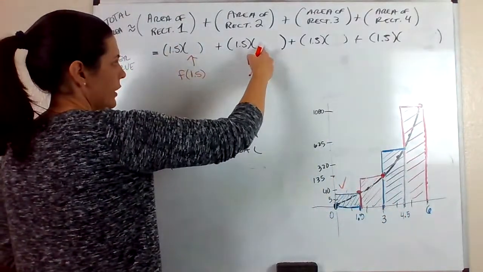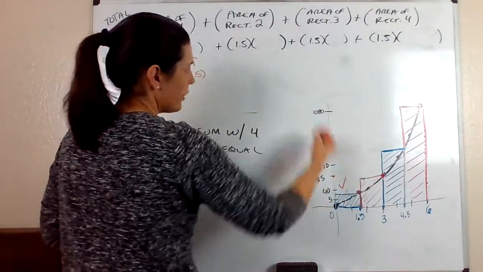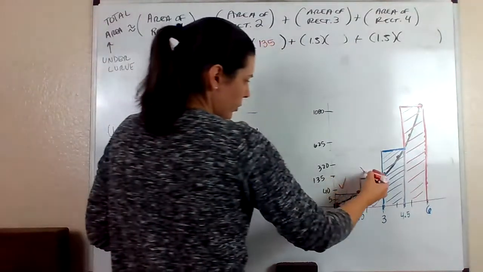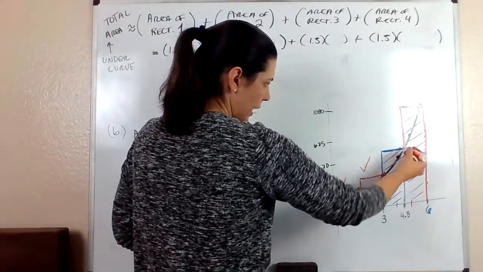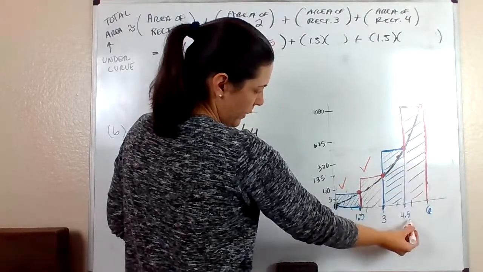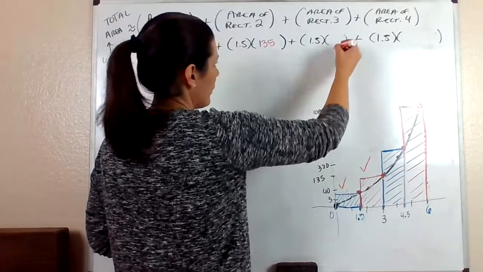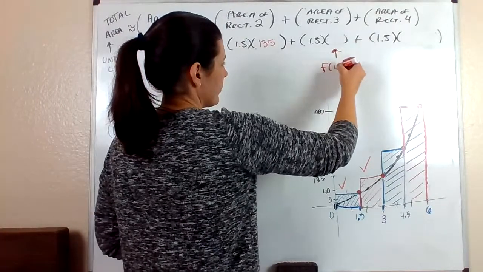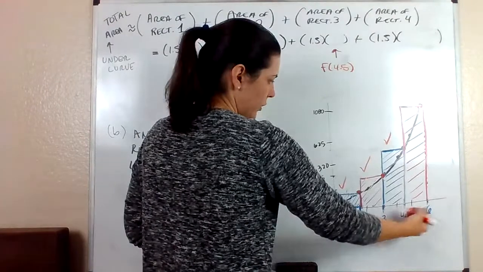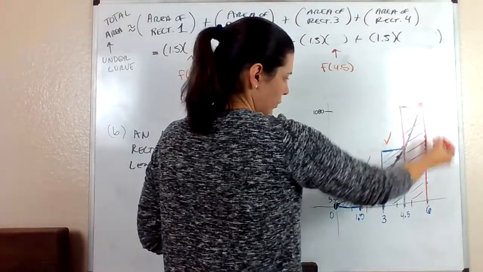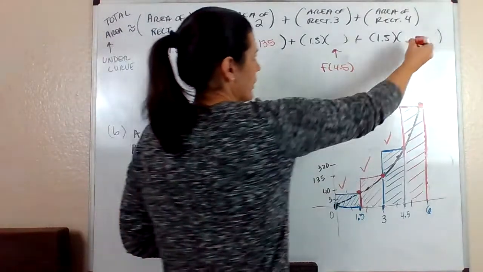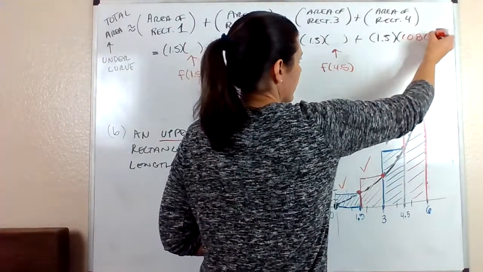So this is f of 3, which we had done earlier, was 135. The third rectangle, the high point, the height of the rectangle happens right here. And if I go down to my x-axis, that was at 4.5. And then on my last rectangle, the height happens all the way up here at 6, when x is 6. And we actually already did that number. So that one was 1,080.